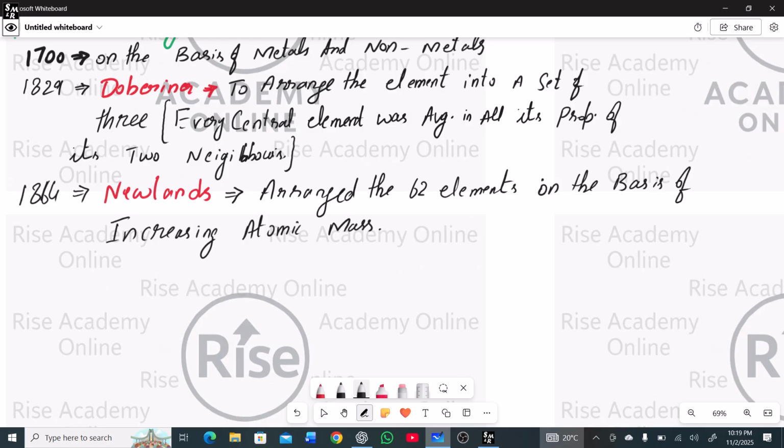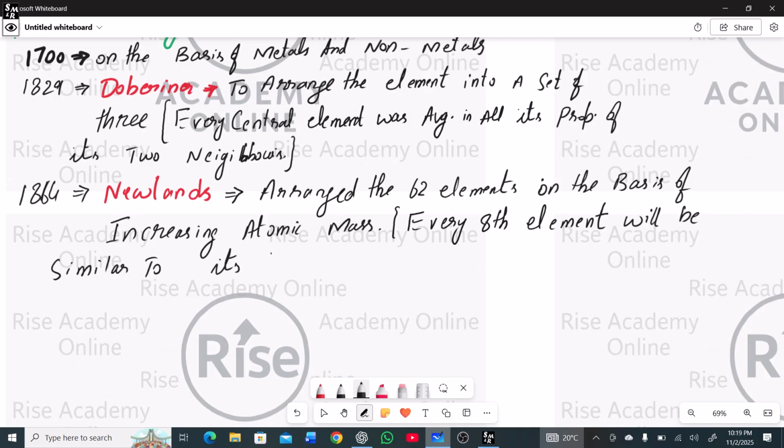And he suggested that every eighth element will be similar to the first. Means there was a periodic interval of 8. That was the Newlands arrangement, but that did not last too long.